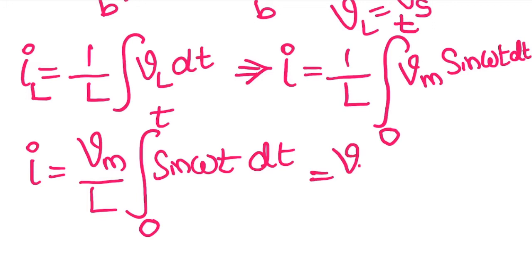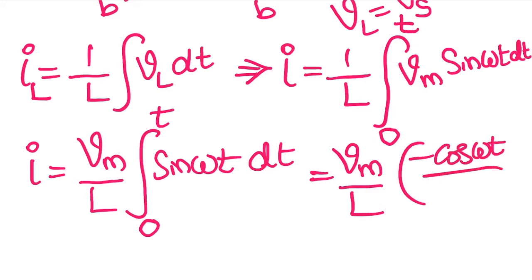Now I is Vm by L integration of sine, which is minus cos omega t divided by omega, because you are integrating with respect to t, with limits 0 to t. Whenever there is a minus symbol, I substitute the lower limit first and the upper limit next.